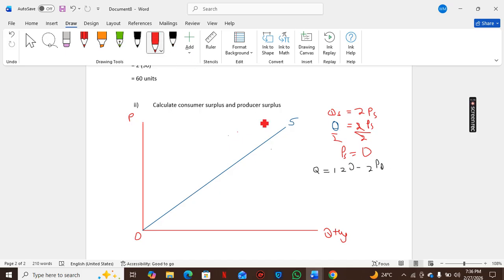So when price is 0, what is the quantity demanded?